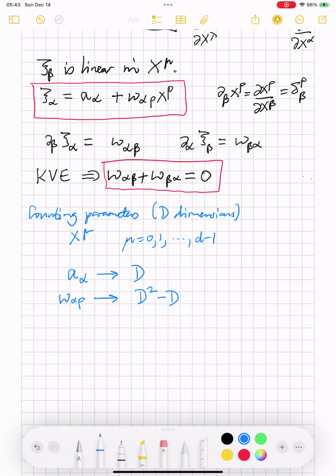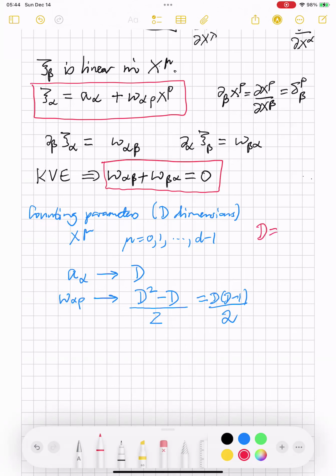And then because it's antisymmetric, the elements above the diagonal are minus the elements below the diagonal. So once I specify the elements above the diagonal, the elements below the diagonal are specified. So for the number of independent components, I need to divide this by 2. So this is just d times d minus 1 over 2. And this is already pretty good to get an idea of what's going on.